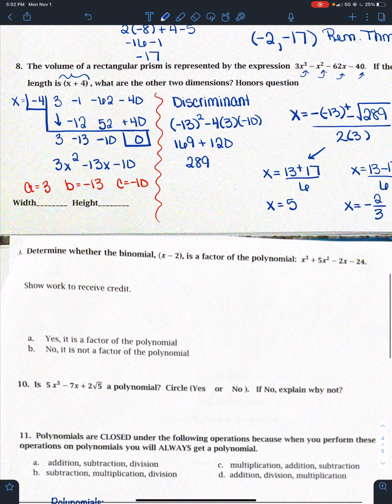So taking those two though, so even though we want to say that our width is x equals 5, we do have to set it equal to 0. So when I move that positive 5 to the other side, this factor becomes x minus 5. The height, I have x is equal to negative 2 over 3.